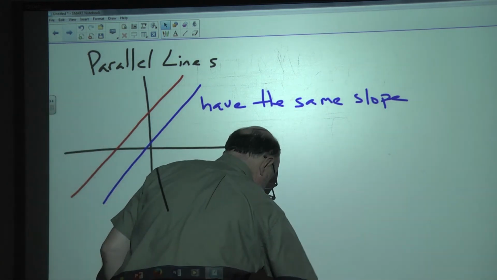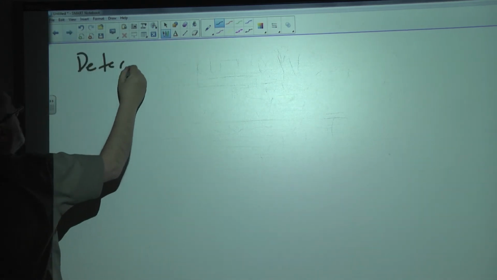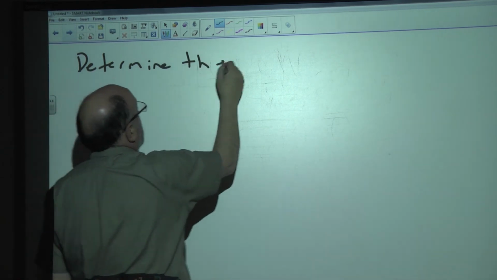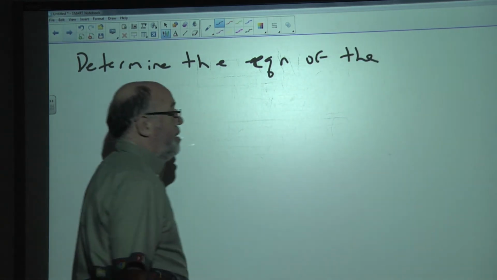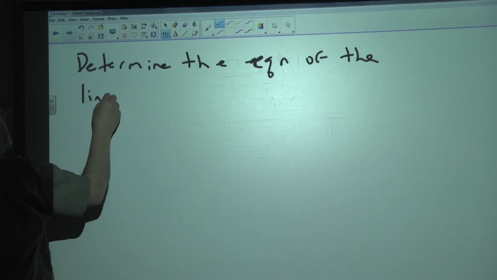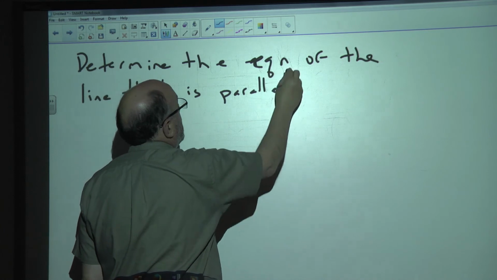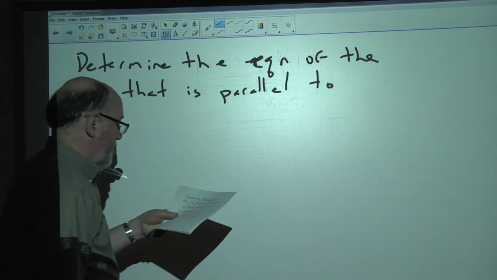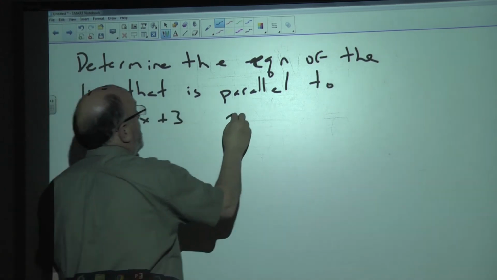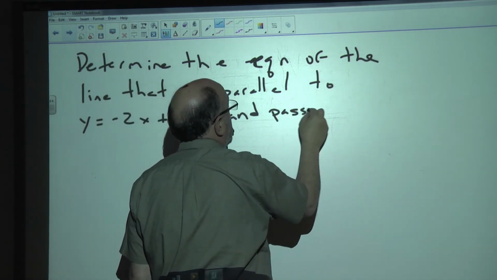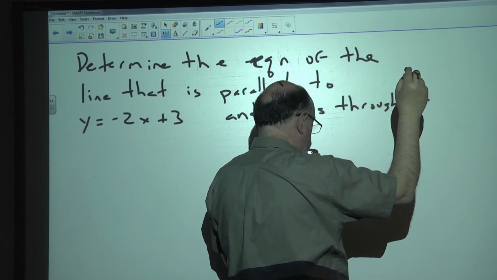So, given a question like this, to determine the equation of the line that is parallel to y equals minus 2x plus 3 and passes through the point 5, 12.